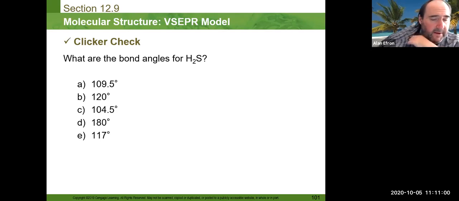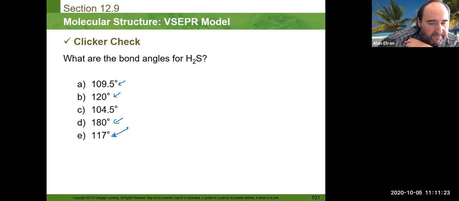And again, the bond angle here would be less than 109. So this wouldn't be the right answer, this wouldn't be the right answer, this wouldn't be the right answer. And again, the distinction between bent or V-shaped and angular is this: 117 is angular, which is 3 electron pairs and 2 bonds.